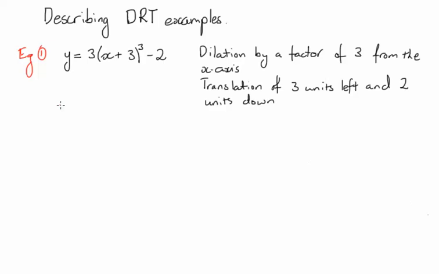Let's look at a trickier example, one that might require a bit of algebra, and it's going to include what I like to call step 0. So if dilation is step 1, reflection is step 2, translation is step 3, there's what I call step 0. So let's stick with the cubics, and we're going to look at a really ugly cubic.